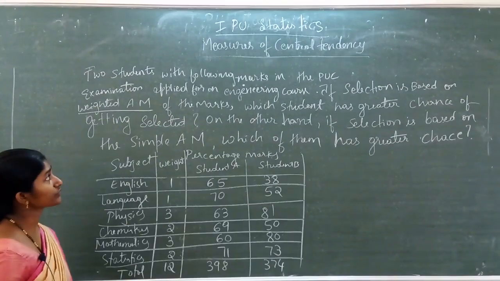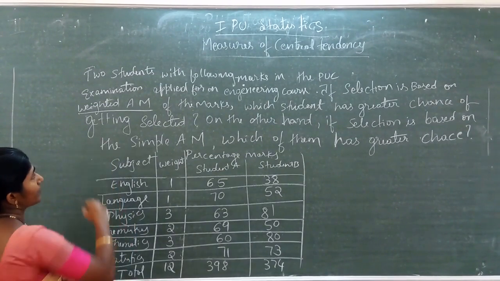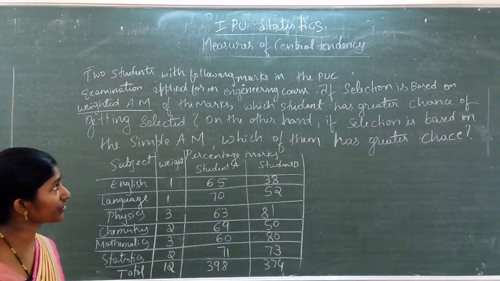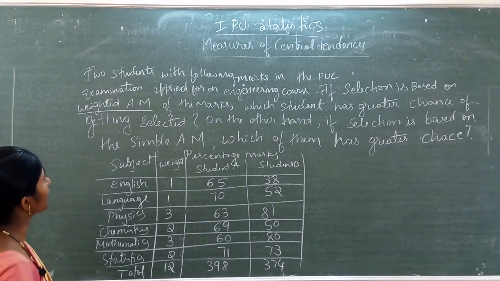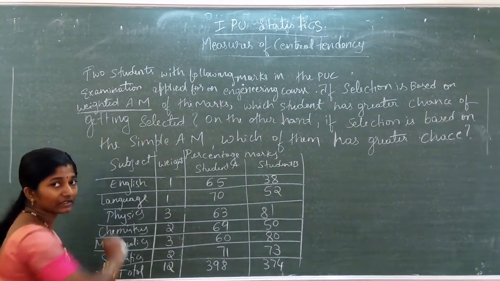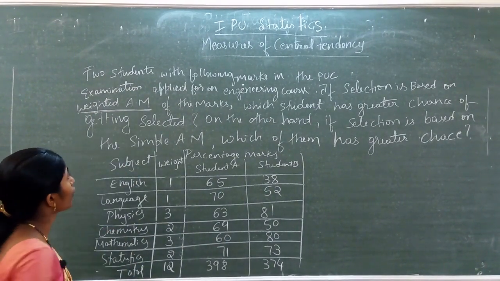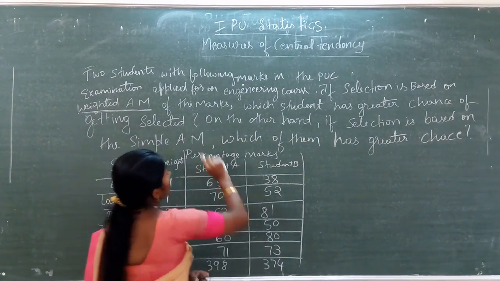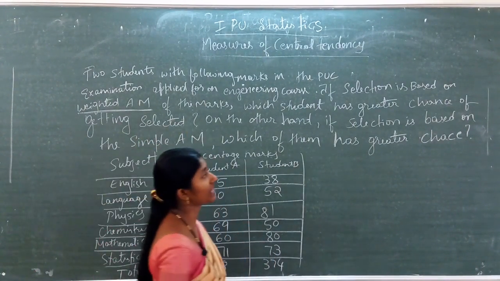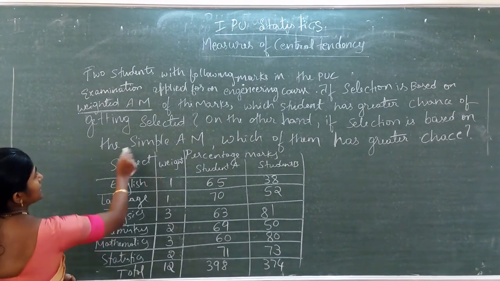Here, two students with the following marks in the PUC examination applied for an engineering course. If selection is based on the weighted arithmetic mean of the marks, which student has a greater chance of getting selected?